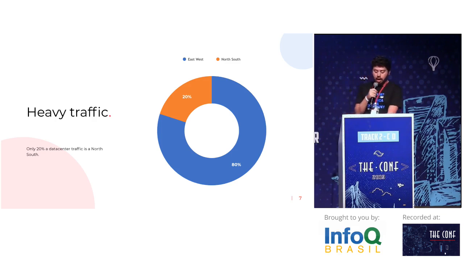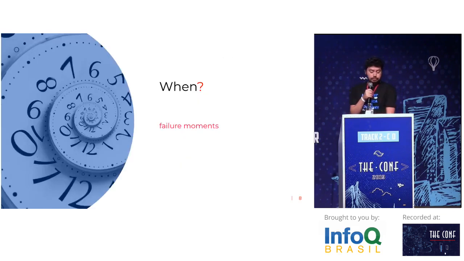So, okay, we know where, but we have to know when. When are our possible failure moments? To build bulletproof APIs, we need to map when our possible failure moments are, to recover as quickly as possible.